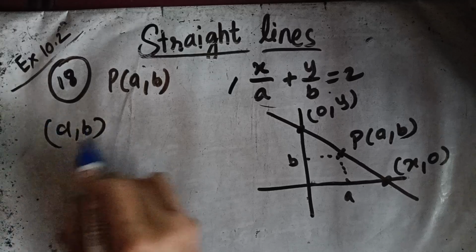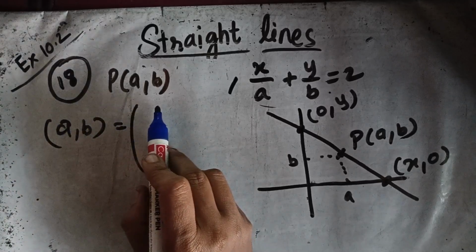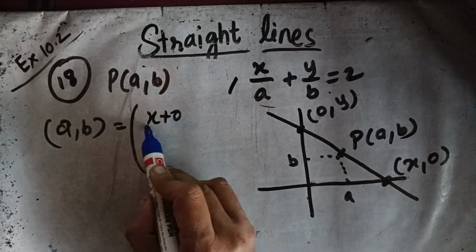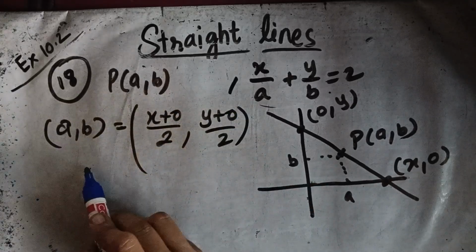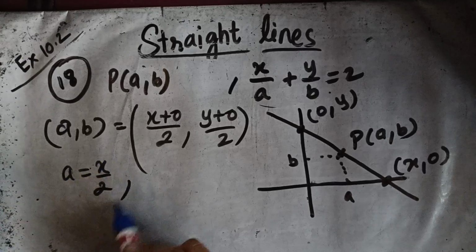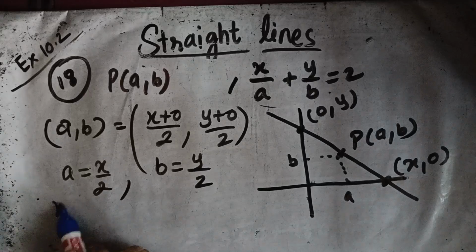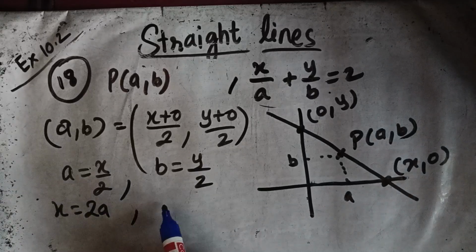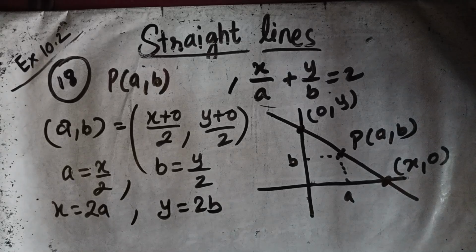So midpoint is equal to, by the midpoint formula, x plus 0 upon 2, y plus 0 upon 2. So A is equal to x by 2 and B is equal to y by 2. So x is 2A and y is 2B. Okay. So we have the values of x and y.